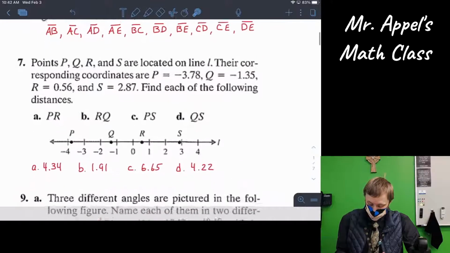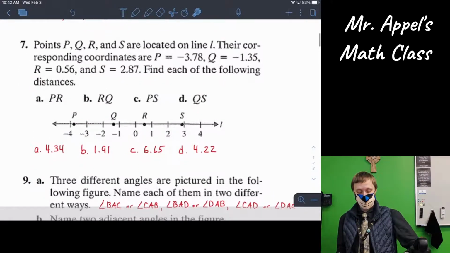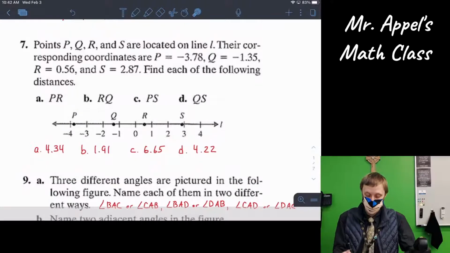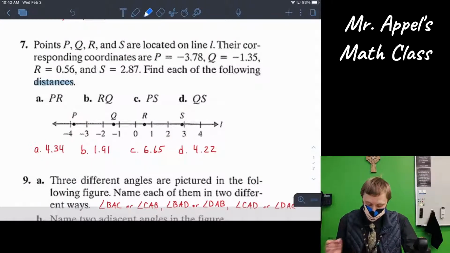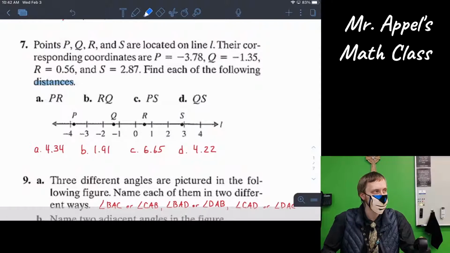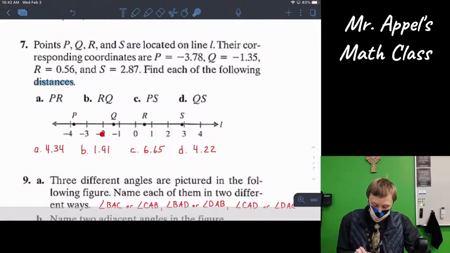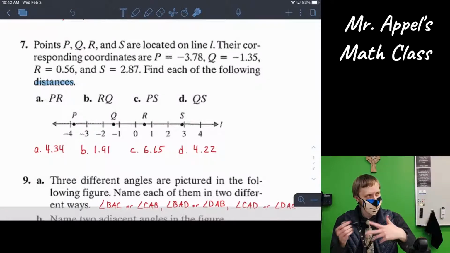Next up, finding the distances. Okay, looking for distance, which on the number line usually comes down to some kind of subtraction. Although in this case you could end up subtracting negative numbers, which turns into addition, so you can't forget that.